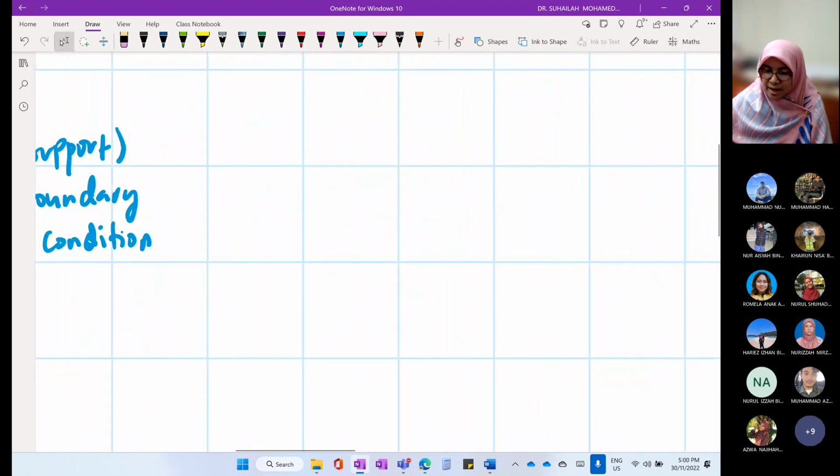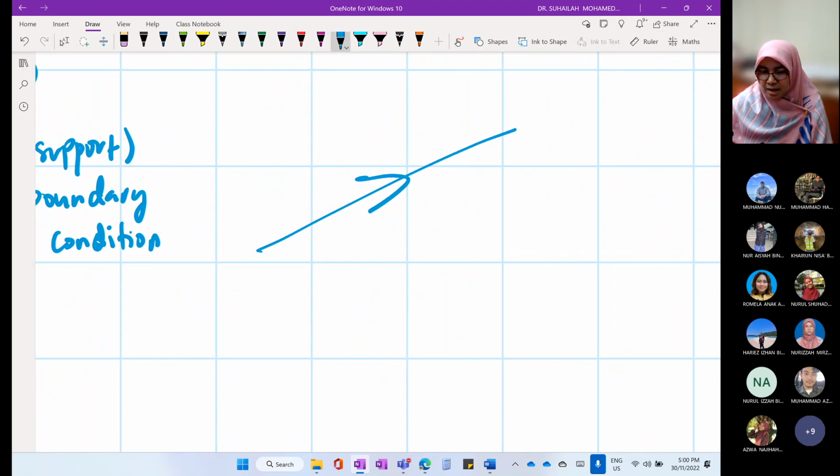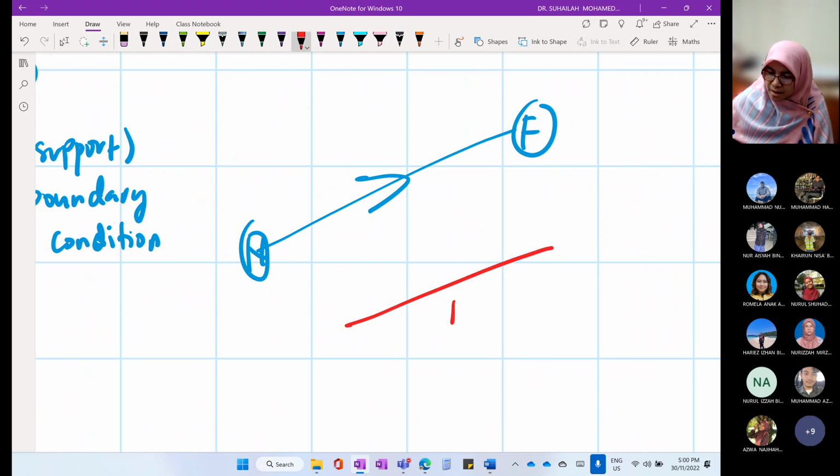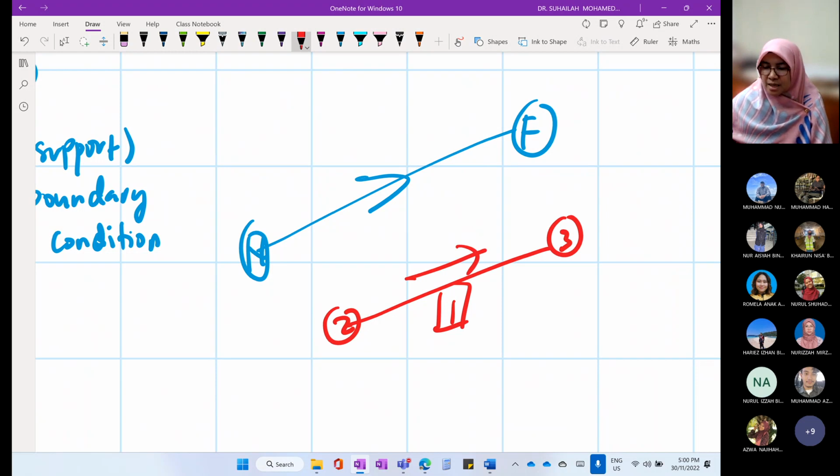For one element, this is the arrow. One is the near node, one is the far node, and the arrow is always going towards the far end. For example, this is 1, this is 2, this is 3. By putting the arrow like this, it shows that 3 is far and 2 is near.